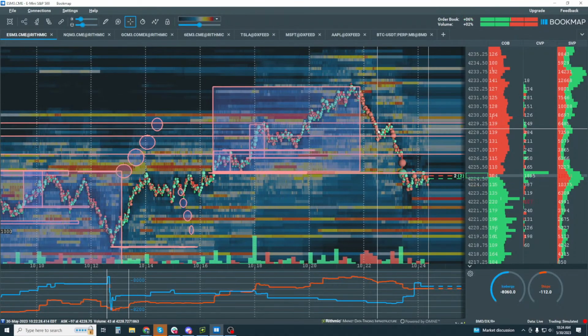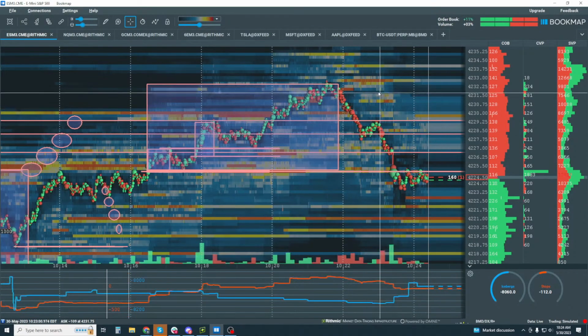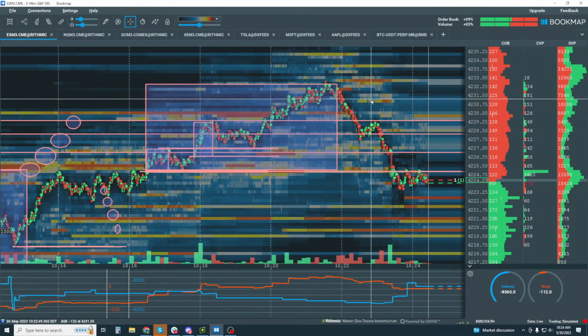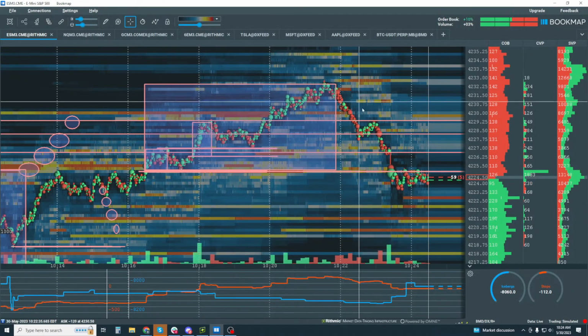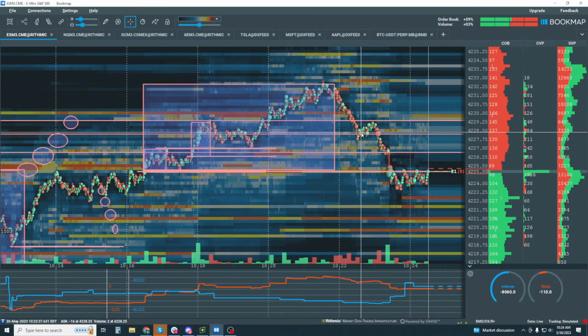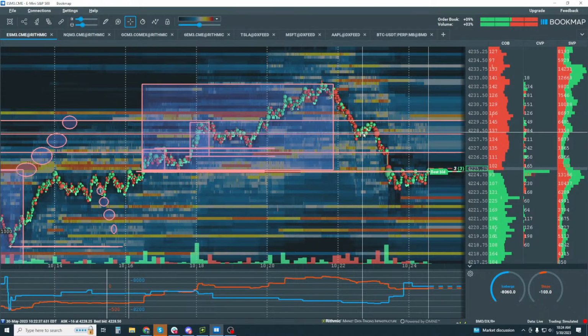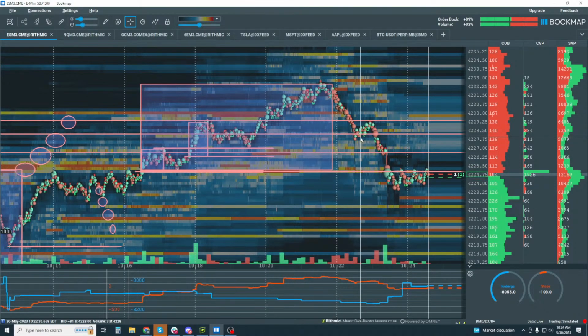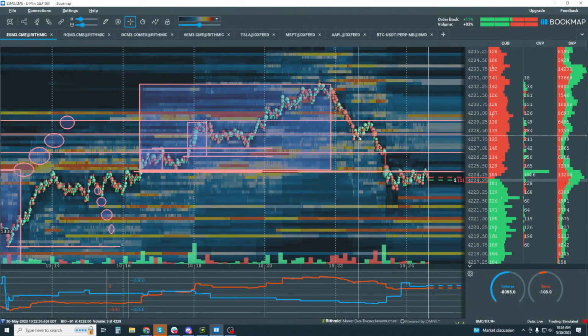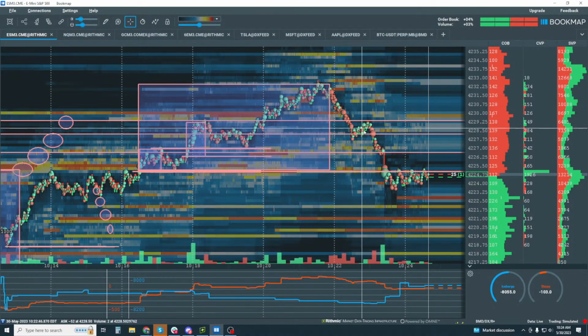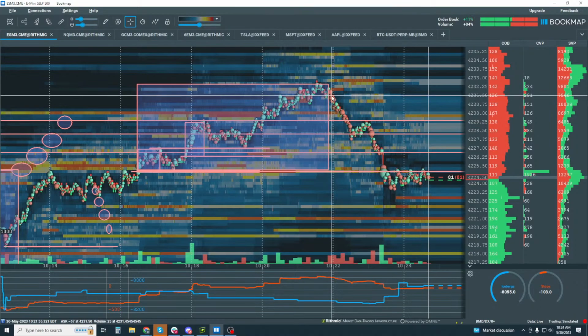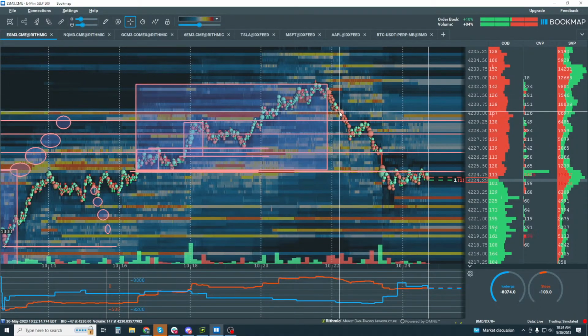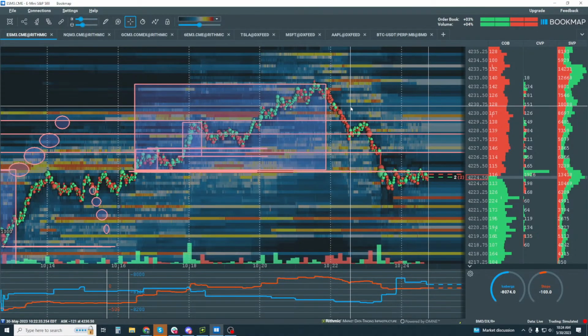I've been covering delta a lot. We've been covering it for years. I'm just calling it delta now, and we're covering it because a lot of people trade footprint charts. They look at the delta, so let's go through it, call it what it is, and start to put this together into different strategies.